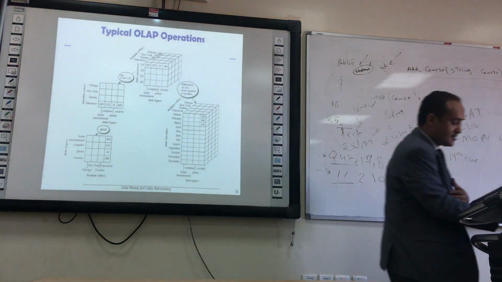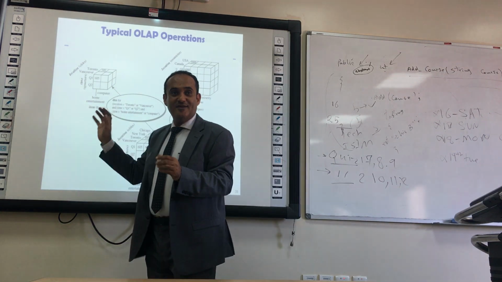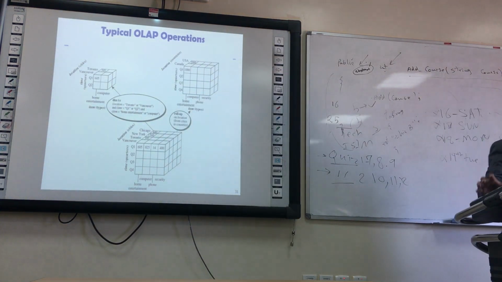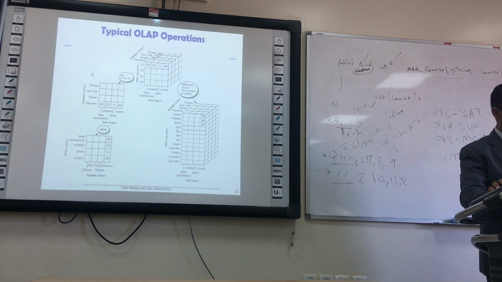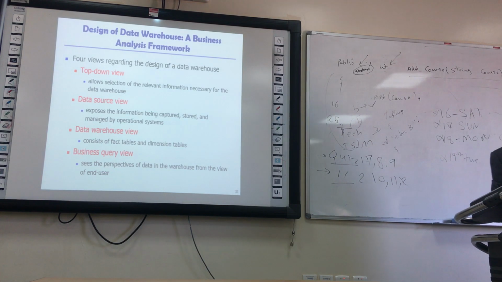In the dice, I have a small cube, but it reduced the number of values, the categories within one dimension. So I'm speaking about three dimensions again, but that dimension in terms of cities has these two items. And now let's go to another section.